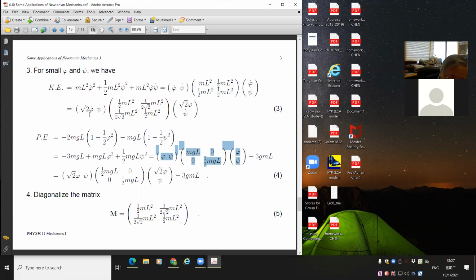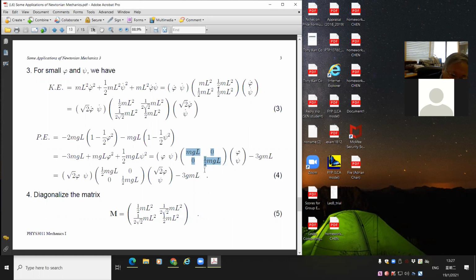Now, this particular case is simple. If somehow this potential energy is diagonal, and you can fix it and make it look like an identity matrix, it works. Am I correct? No matter which transformation you propose.